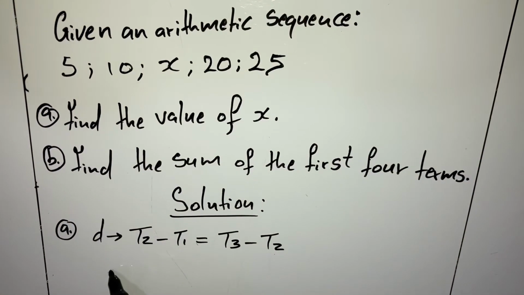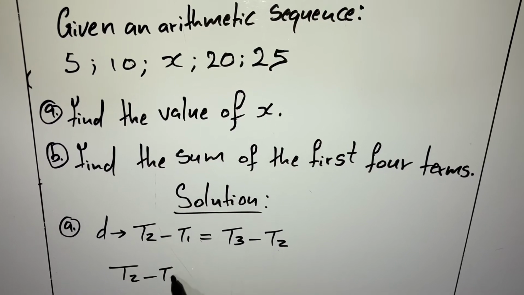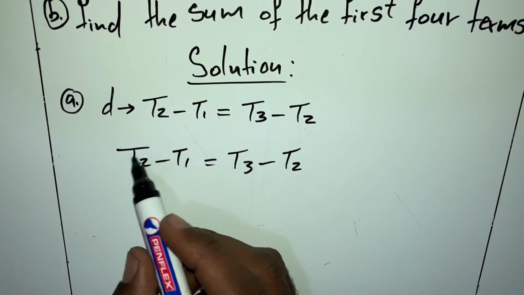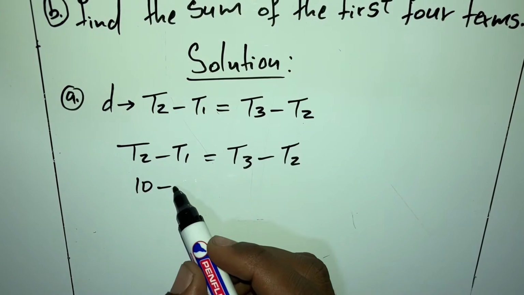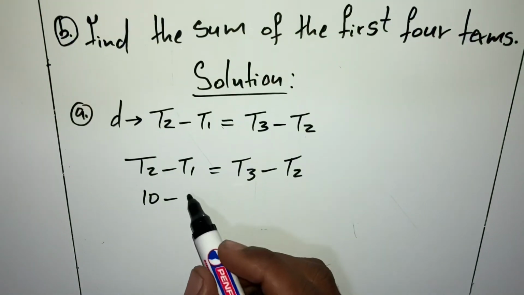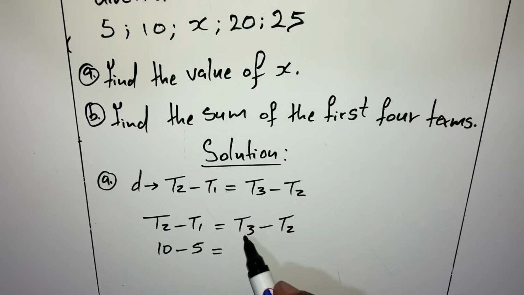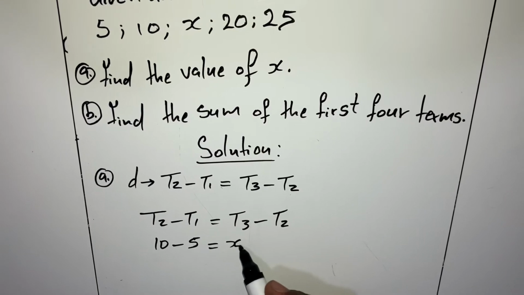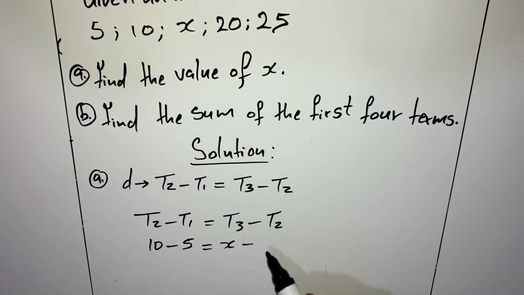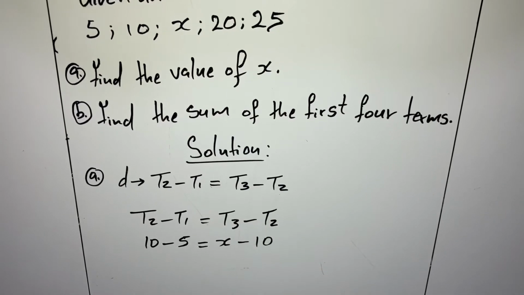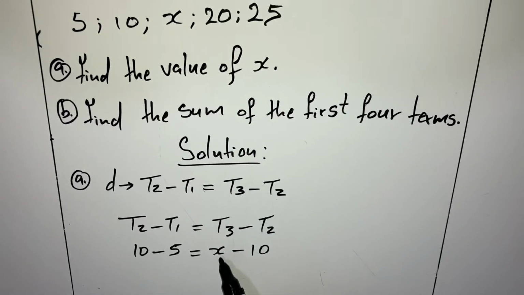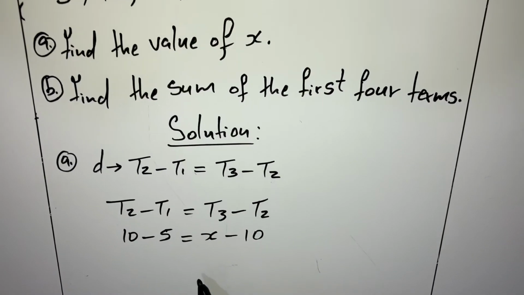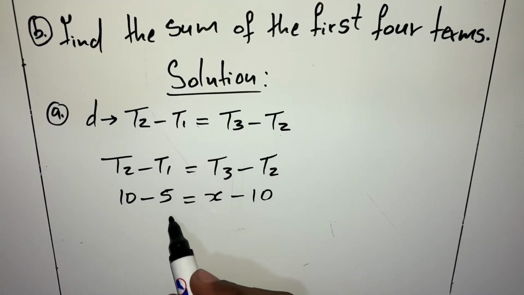Now if we write T2 minus T1 equals T3 minus T2, we take our T2 as 10 minus T1, which is 5. Then our T3, take note, is x, and our T2 is 10. So we have this unknown x, then we solve. 10 minus 5, we get 5.